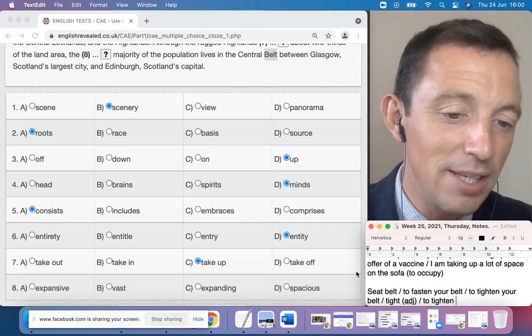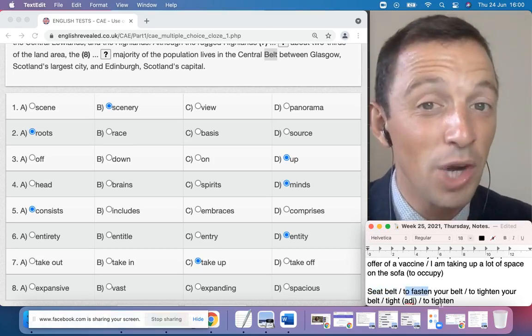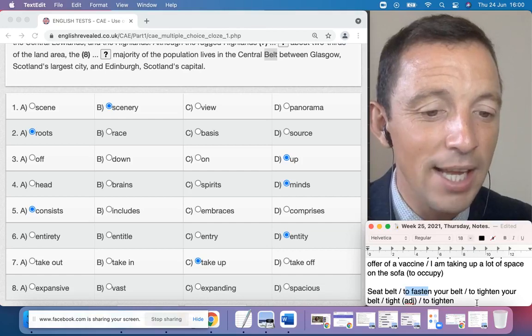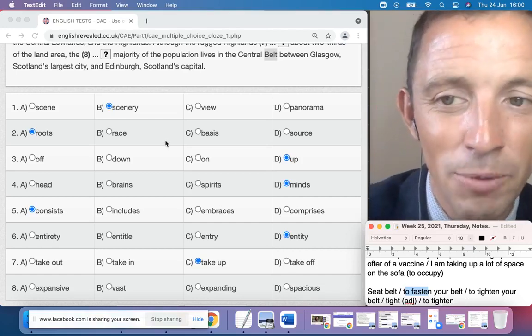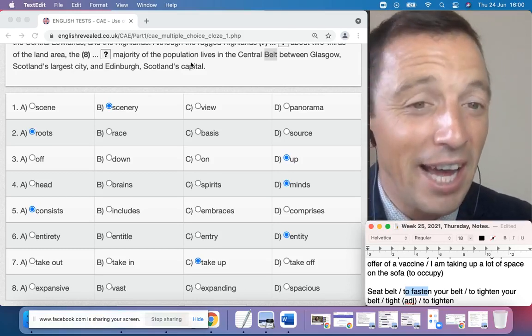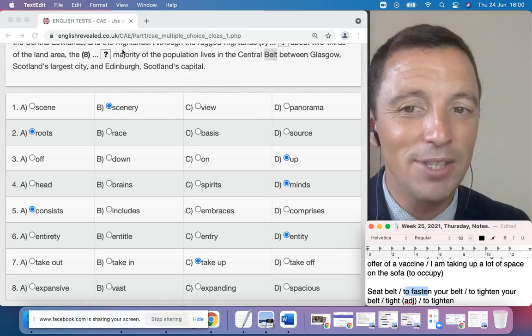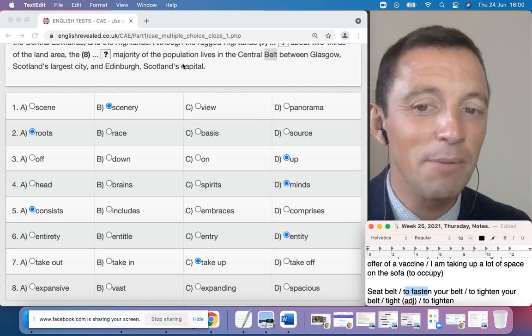Okay, the seat belt is for the car, for the aeroplane. Fasten is the verb to close your belt. Okay, so there is very, very important vocabulary. So here, it depends what you think. For me, I have the answer, so I'm doing very, very well. And for population is the context, the majority of the population.